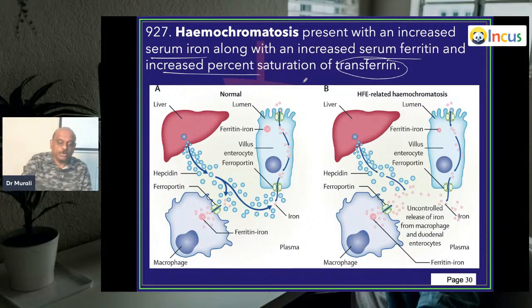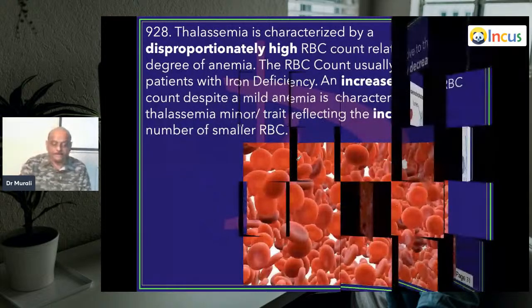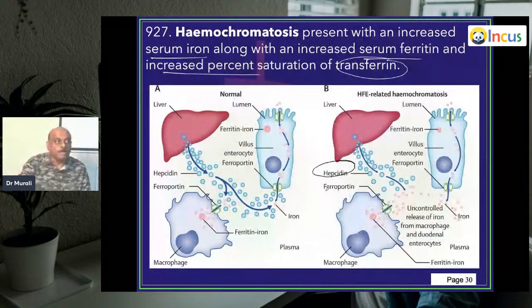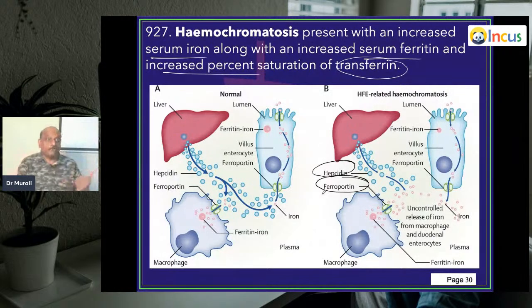All right. So what's happening in hemochromatosis? Basically, you have something called hepcidin, ferroportin. Just before we said ferroportin in the intestine, for the gut release of iron.